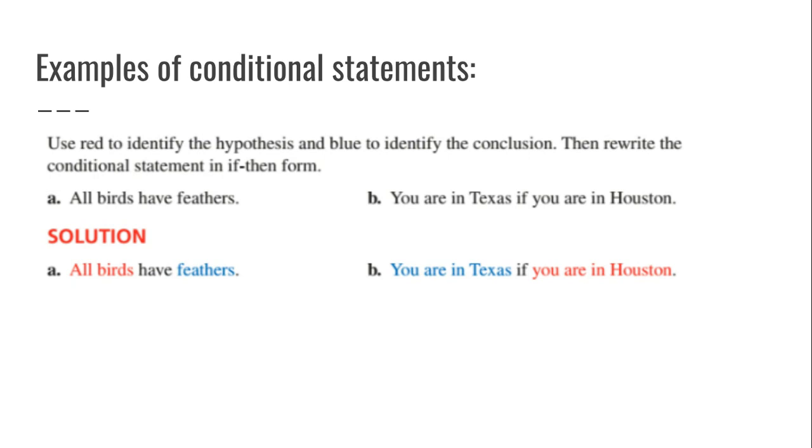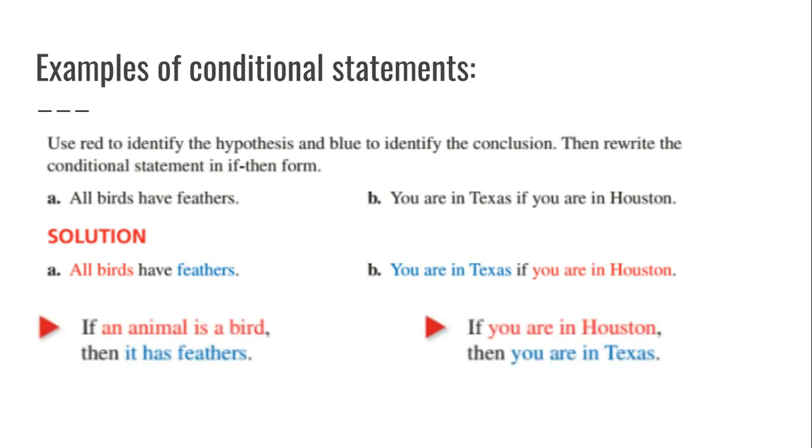Identify which one is the conclusion and which one is the hypothesis, and rewrite it. You should be doing this in your quiz if you haven't already. If an animal is a bird, then it has feathers. If you are in Houston, then you are in Texas.